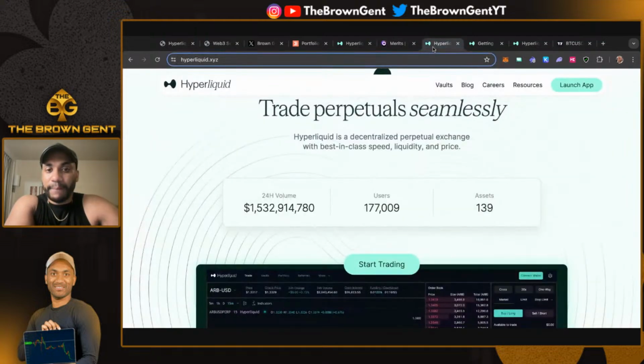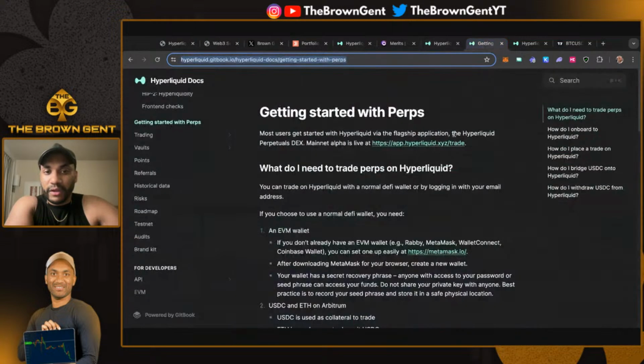Now, if you look at HyperLiquid, all you got to do is check out the documents. So you go to resources and docs. When you go here, the first thing you want to do is get onboarded onto the app, right? So you're going to need an EVM wallet. I prefer Rabbit Wallet, but MetaMask will do as well.